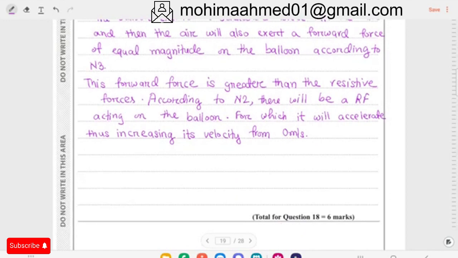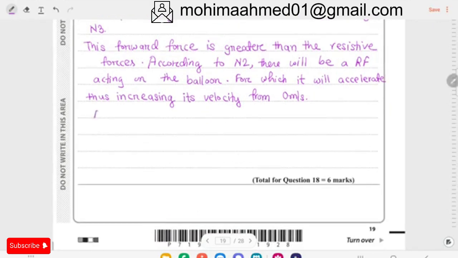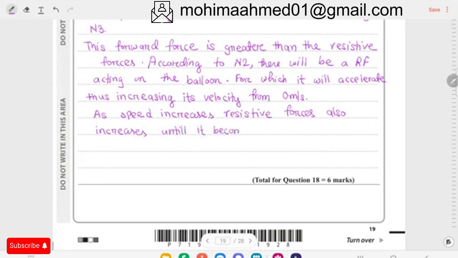So for the last part, as speed increases, resistive force also increases until it becomes equal to the forward force.